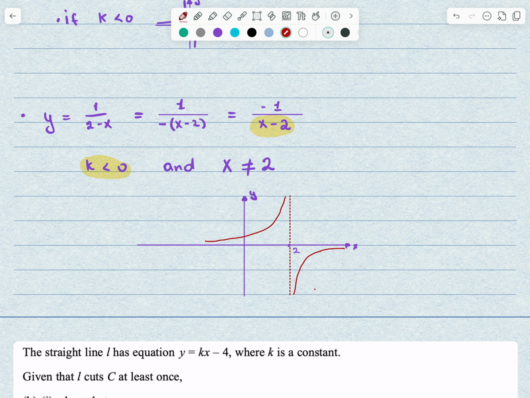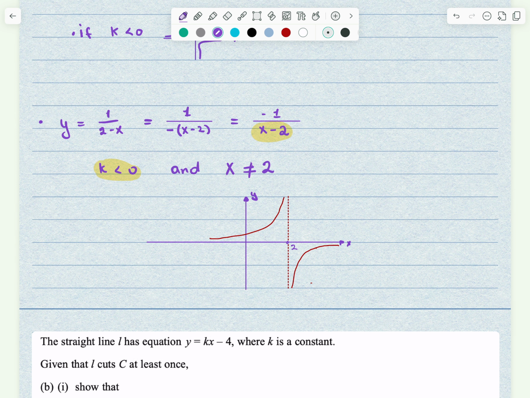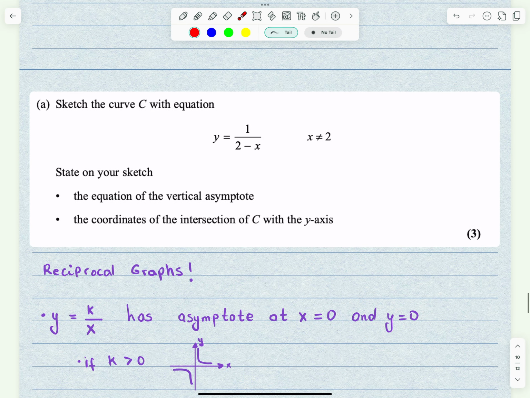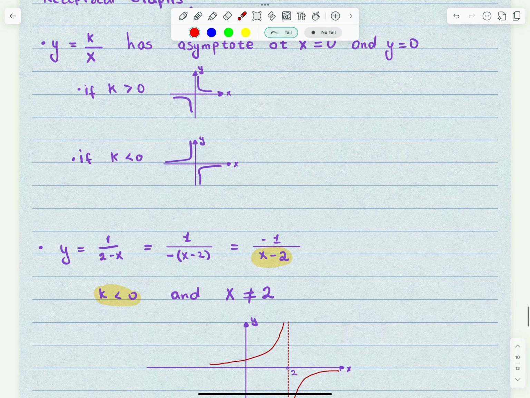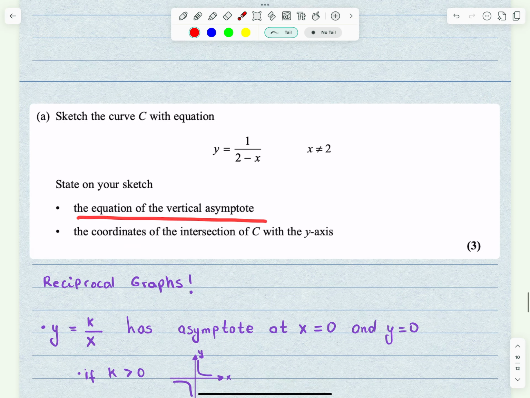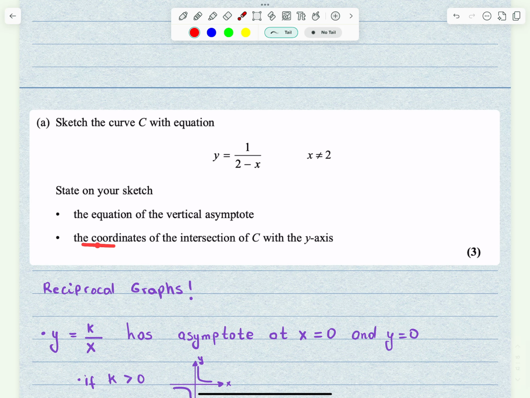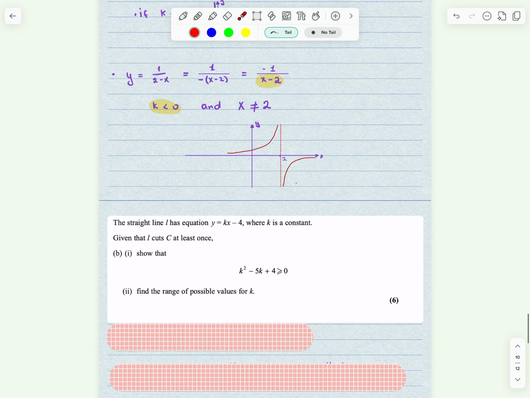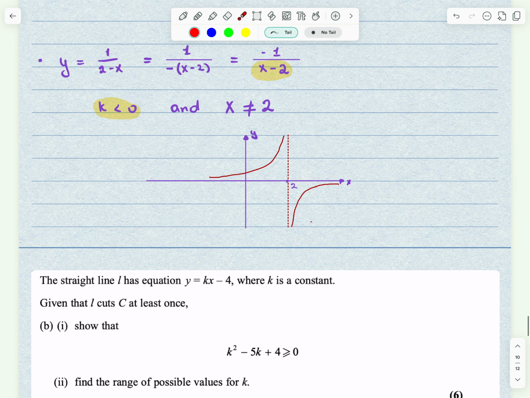Okay, so how do I know there is a y intersection, or how do I know there is no x intersection, and so on? Okay, I'm going to use a black color for this. It's actually part of our question to find, look what they say, the equation of a vertical asymptote, and the coordinate of the intersection of C with the y-axis. There is no x intersection, we know it from the question also.